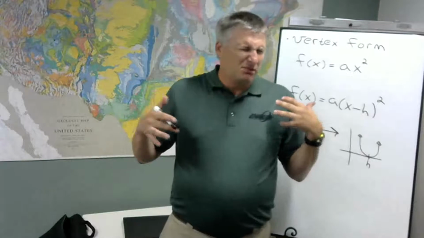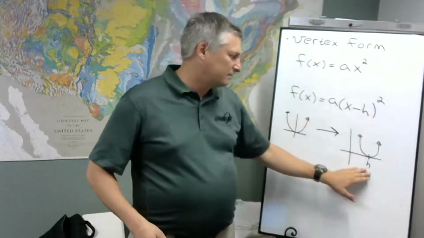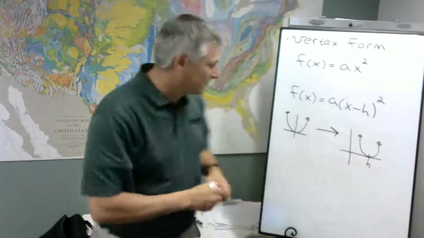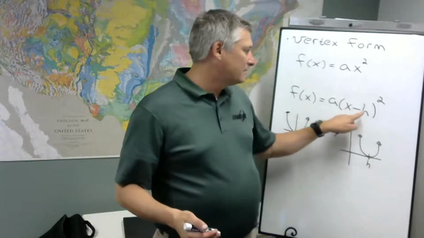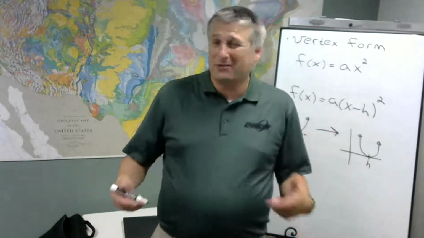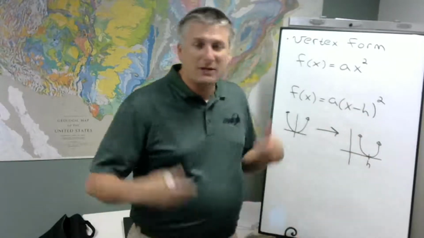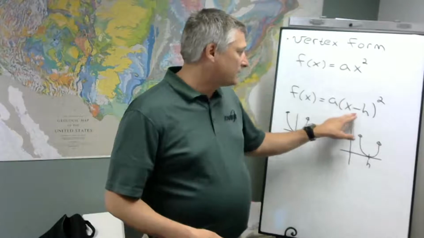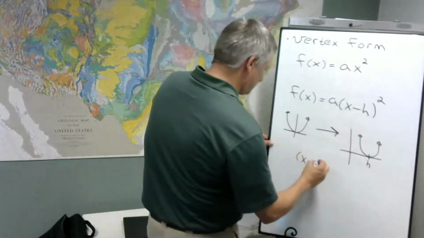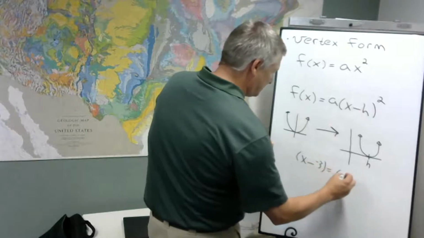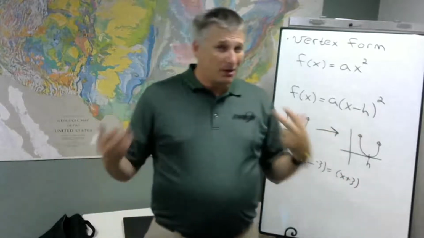This h, we can play around with it a little more. If h is greater than 0, then sure enough, we transform over here. If h is negative, minus a negative becomes a positive. It actually becomes x plus the positive version of h. So if h was -3, x minus -3 becomes x plus 3. So this h could be positive or negative.